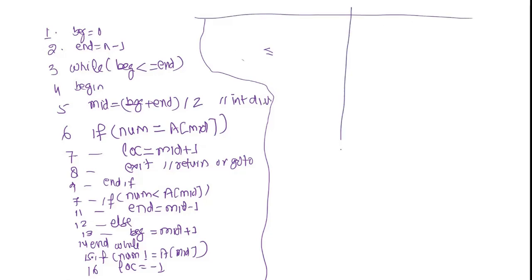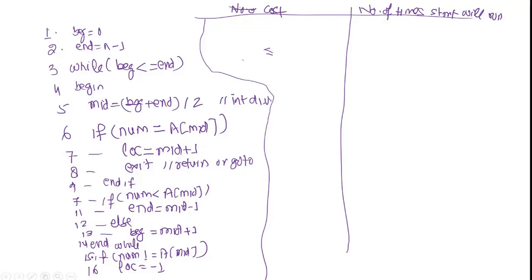One is the cost of execution of these statements, and the other is the number of times each statement will run during the whole execution of the program.